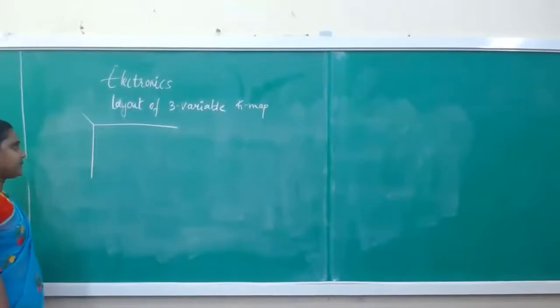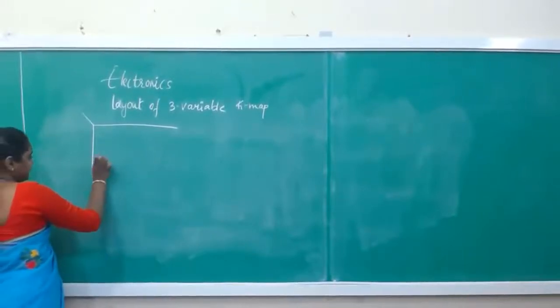The layout of a 3 variable K-map can be written in 2 forms. I am writing the first form.